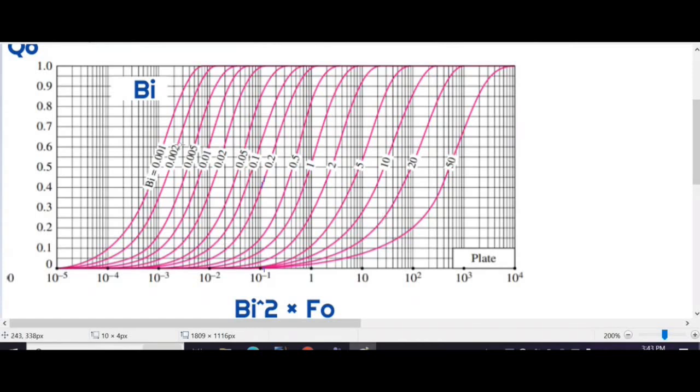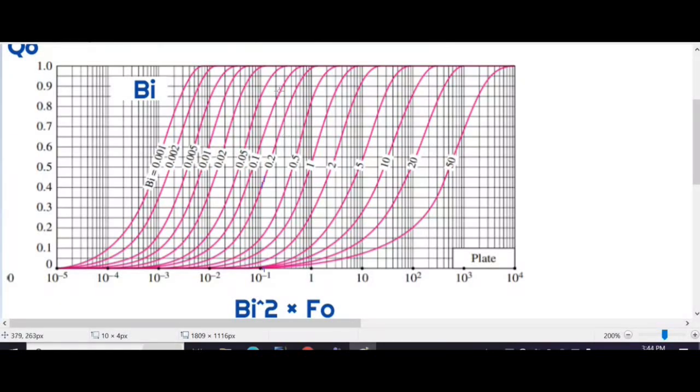From this chart, we have Bi value 0.21. If we observe here, here is 0.1 and here is 0.2. And Bi square multiplied by Fourier number, we have calculated 0.135. If we observe, here is number 1 and previous number is 10 raised to minus 1. So 10 raised to minus 1, that is 0.1.